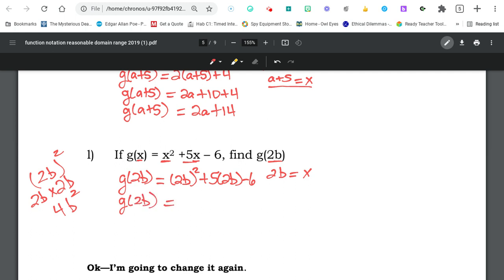And I've already gone over that 2b times 2b equals 4b squared, because 2 times 2 is 4 and I got two b's. 5 times 2b is 10b, minus 6, and you don't have any like terms, so that's as far as you can get with it.